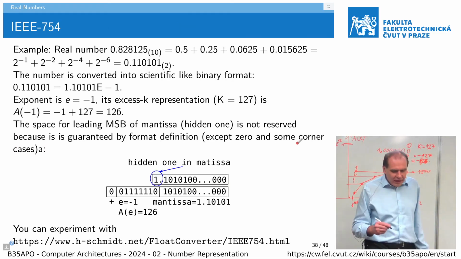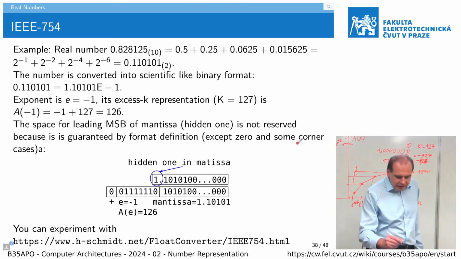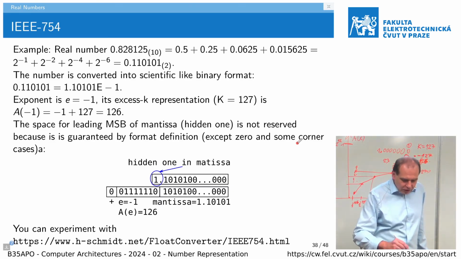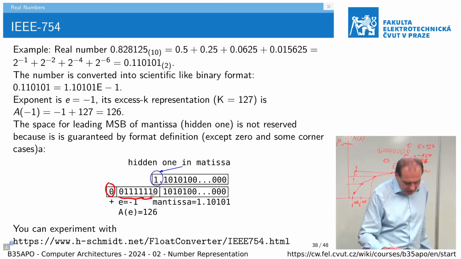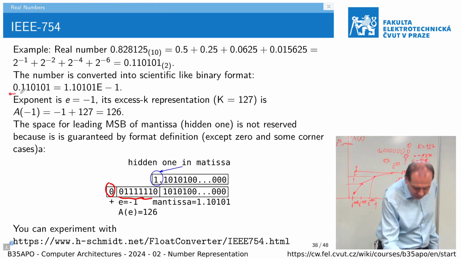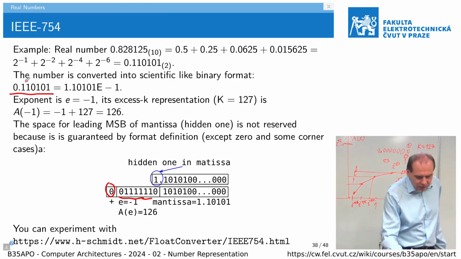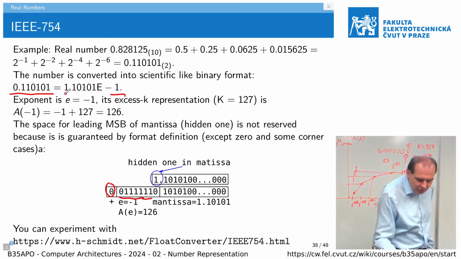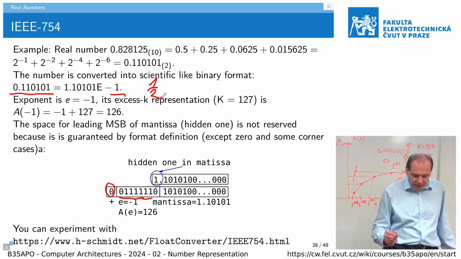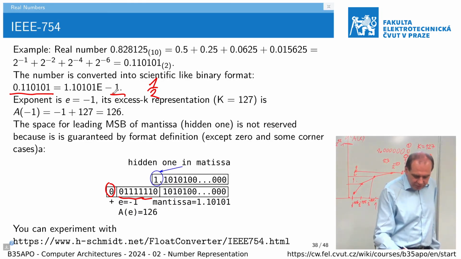And if we look at the actual encoding, we store into the memory the sign, the exponent. For example, we want to encode this value, which has its first non-zero bit at the position of halves. This means that we need to multiply the mantissa by 2 and subtract 1 from the exponent. So it is something a little more than 1/2. Okay, so the exponent is -1.